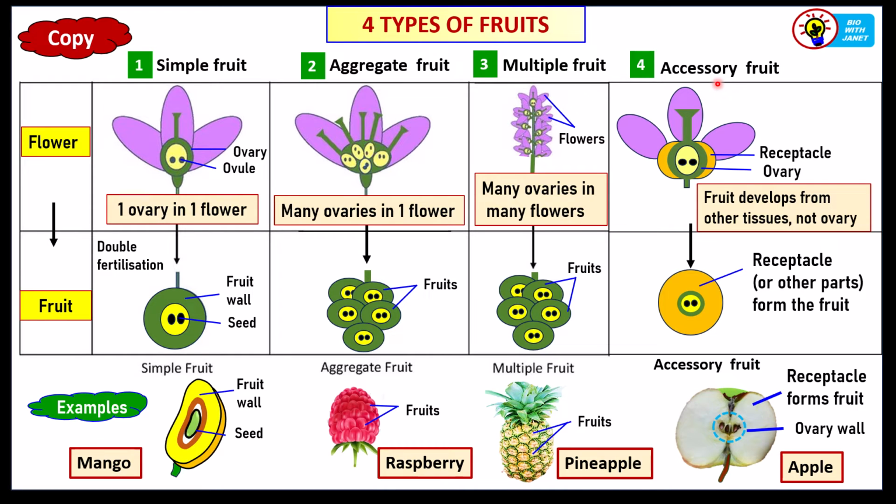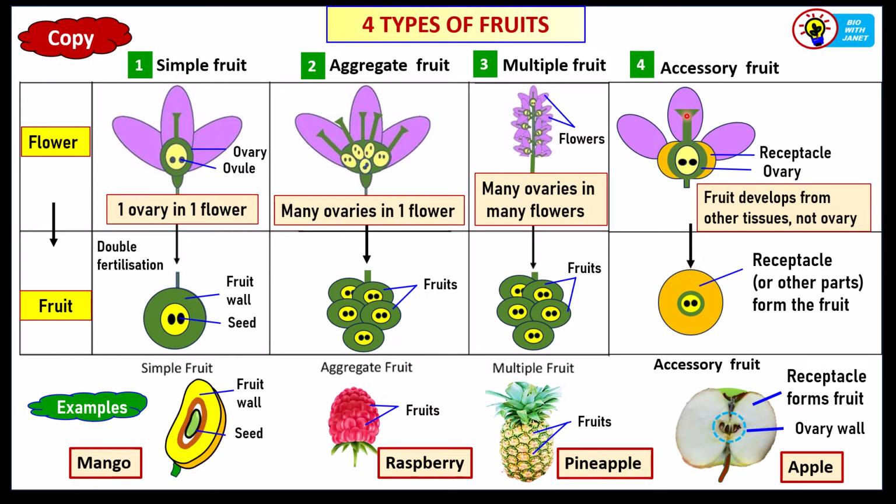Accessory fruit is very simple. Accessory means some extra structure, not the ovary itself, that is used to form the fruit. Now for accessory fruits, the ovary may be found in the receptacle region.